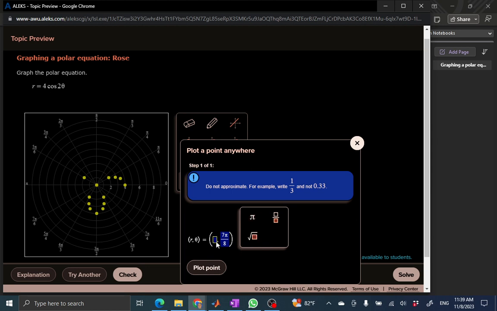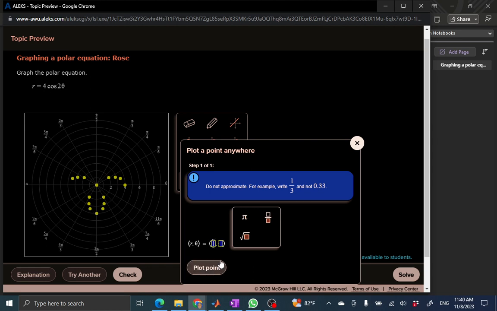And the answer here is 2 square root of 2 from that table. Again, we're checking that we are nicely going toward that point. Next was 11 pi divided by 12, and 4 cosine of double of that was 2 square root of 3.